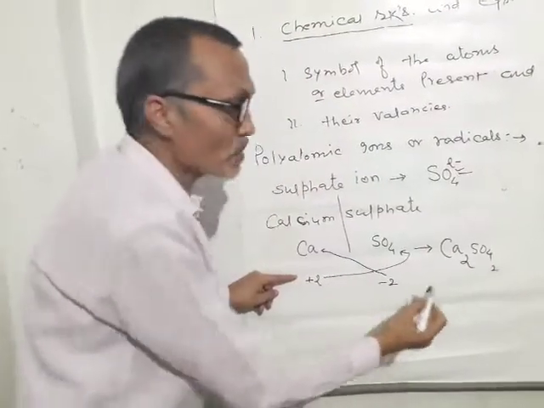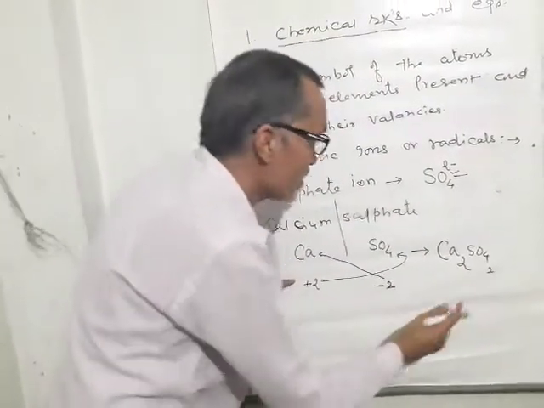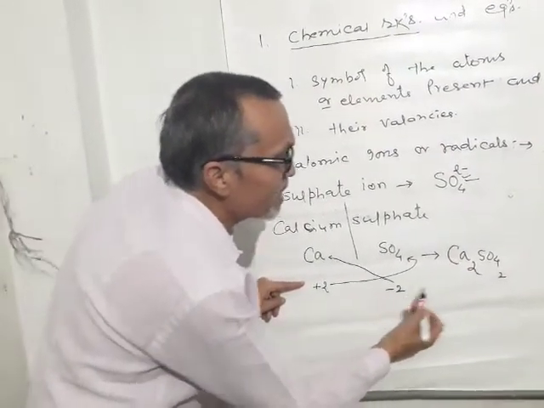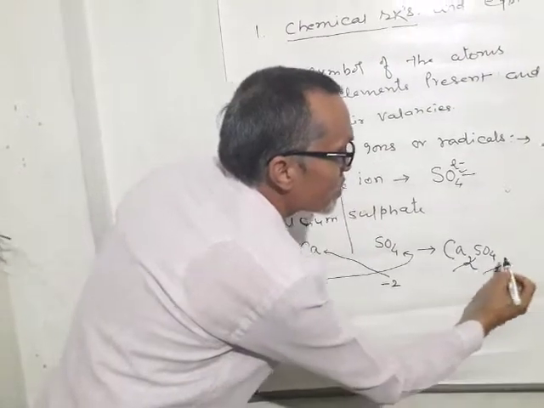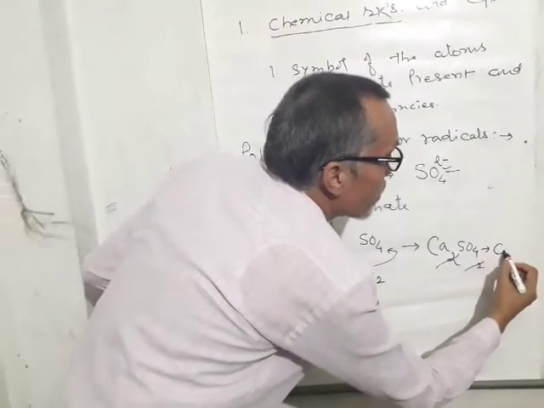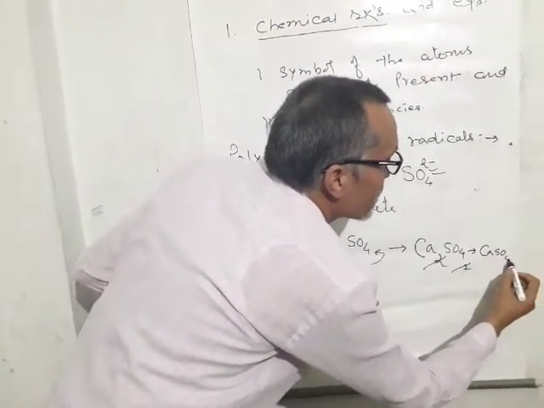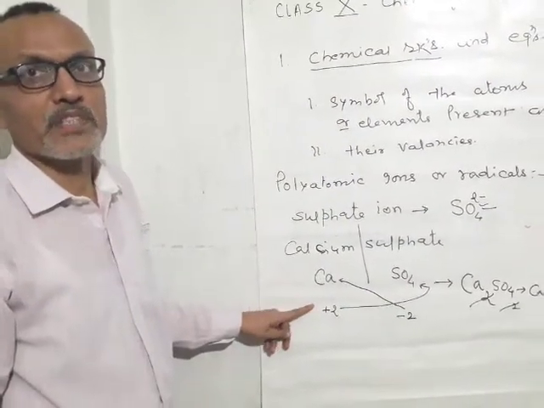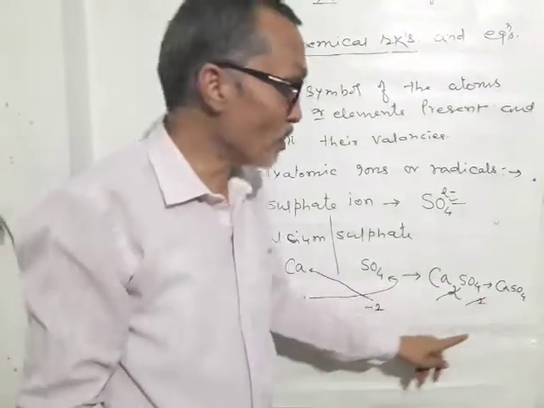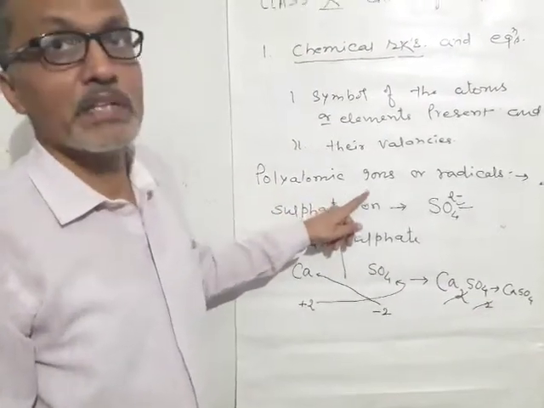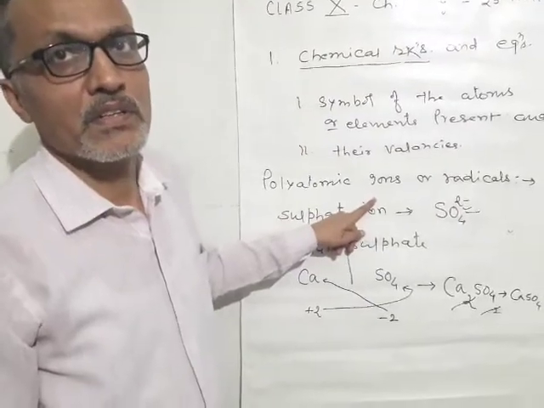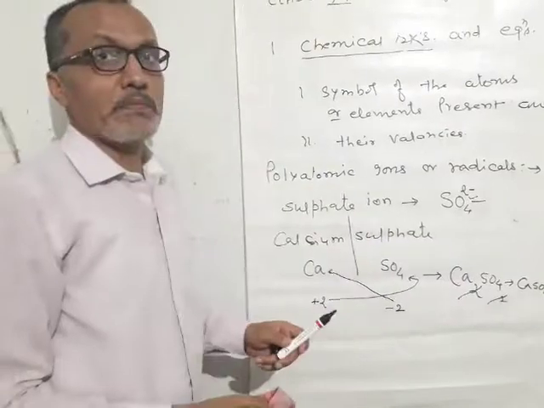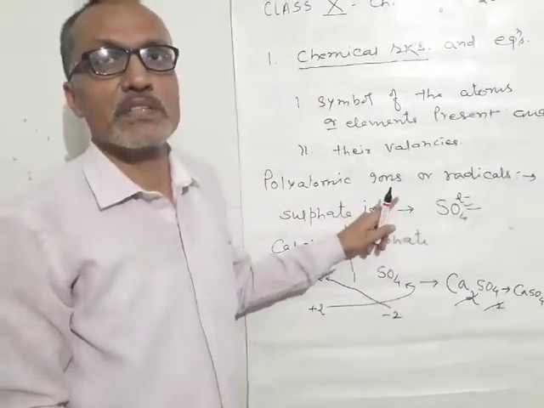Plus minus is not shown in the chemical formula. Or also you can think here is +2 and here is -2. So +2 and -2 cancel out, and the formula of calcium sulfate becomes CaSO4. So you can think of the importance of this polyatomic ion. So our first topic will be polyatomic ions.